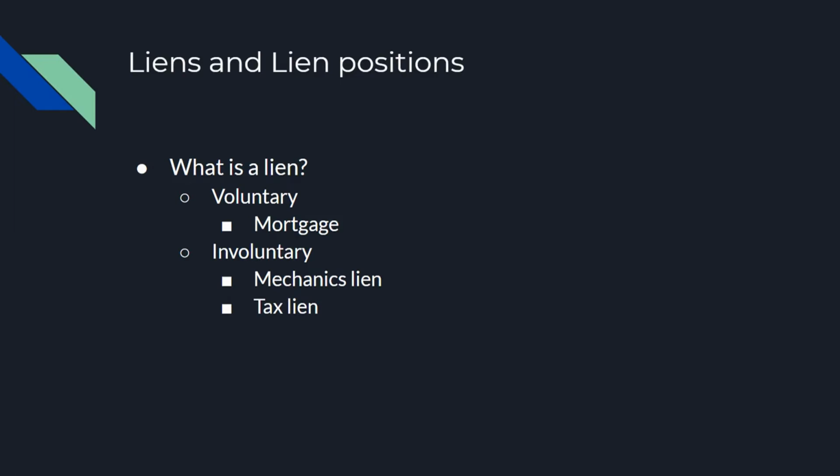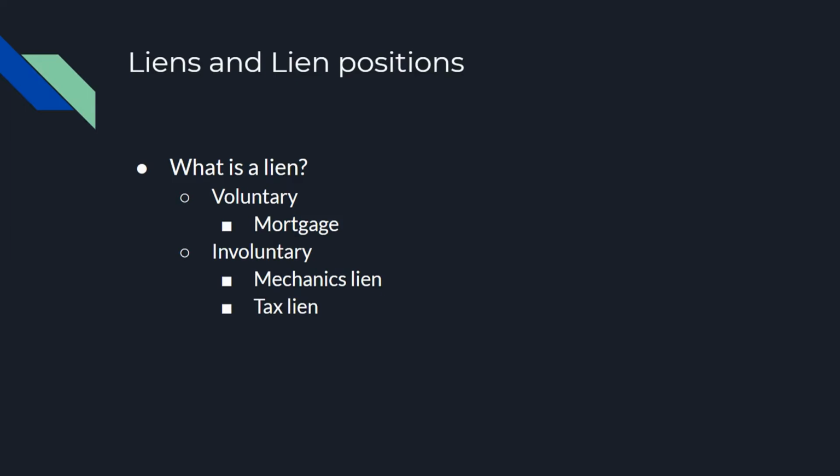So given these examples, we can now draw the conclusion that a lien is basically some liability, something with monetary value that is placed on your property for a specific purpose. So basically, when the IRS is placing a tax lien on your property, they're doing so because they want their money.